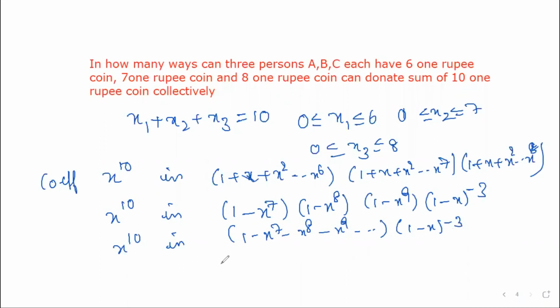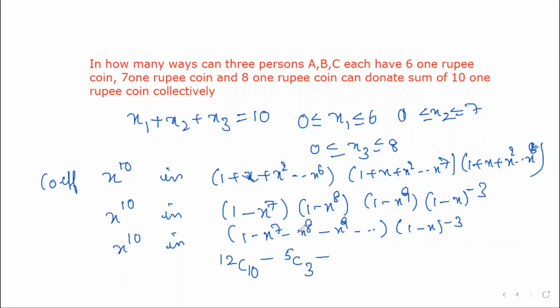So in this, if we collect the coefficient, if I'm taking 1, what is the coefficient of x^10 here? That will be 12c10 minus, if I'm considering x^7, I'll have to collect the coefficient of x^3 here. That would be 5c3.